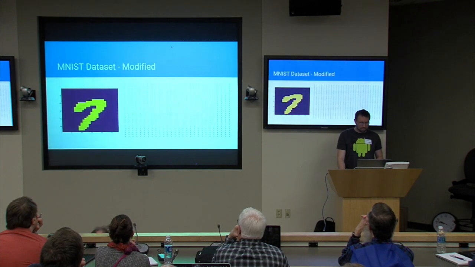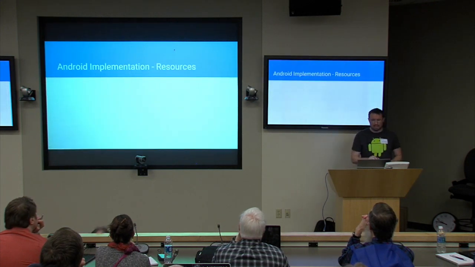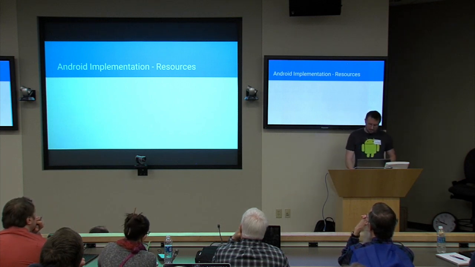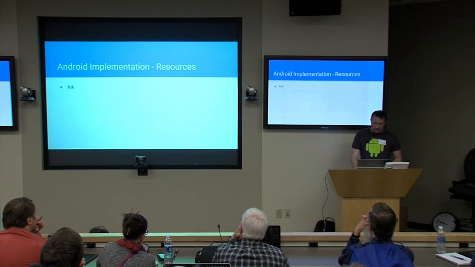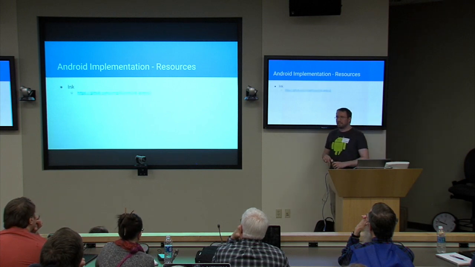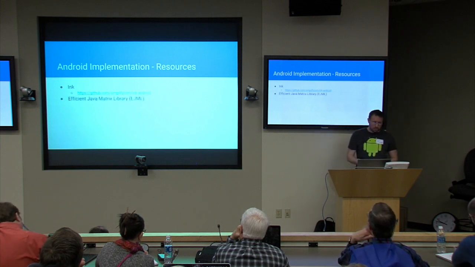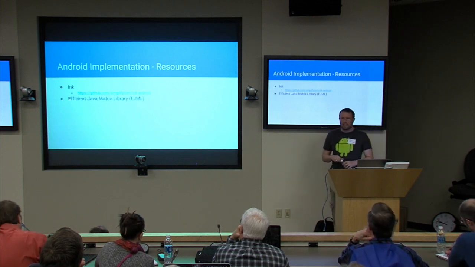We'll move on. All right, so how are we going to implement this on Android? Well, one, we're going to use some open source software because, again, I'm lazy, and if it's out there, I don't want to code it. We're going to use a library called Ink that basically allows you to draw on Android. We're going to use the efficient Java matrix library to do our matrix multiplication.